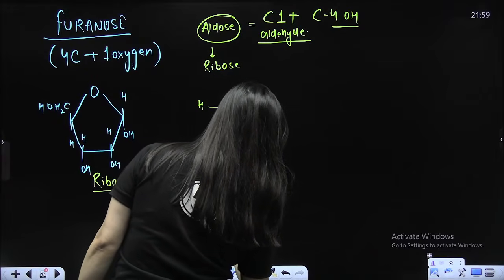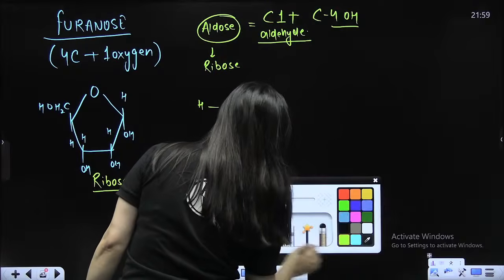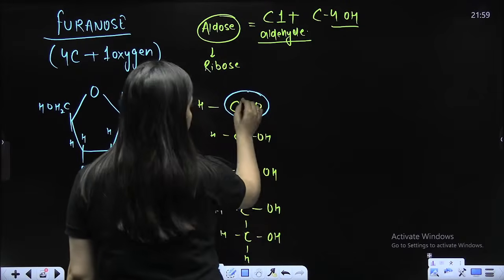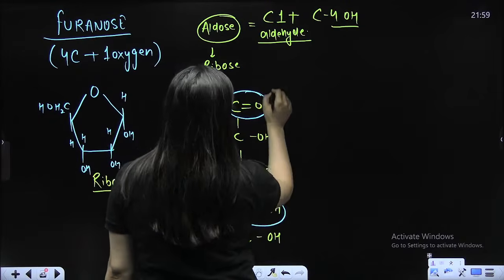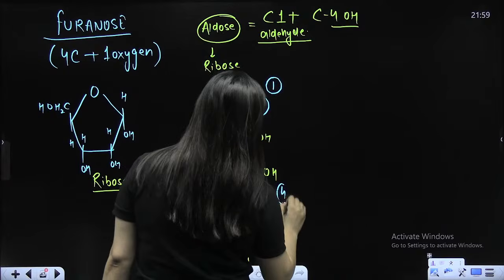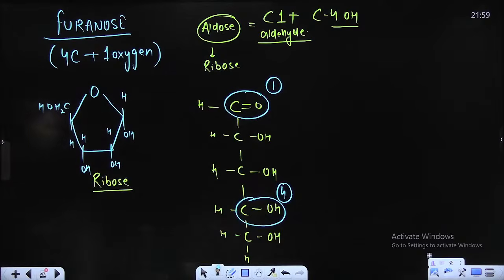So the bond formation is in between C1 and C4. That's how the bond formation will be there. Is that clear?